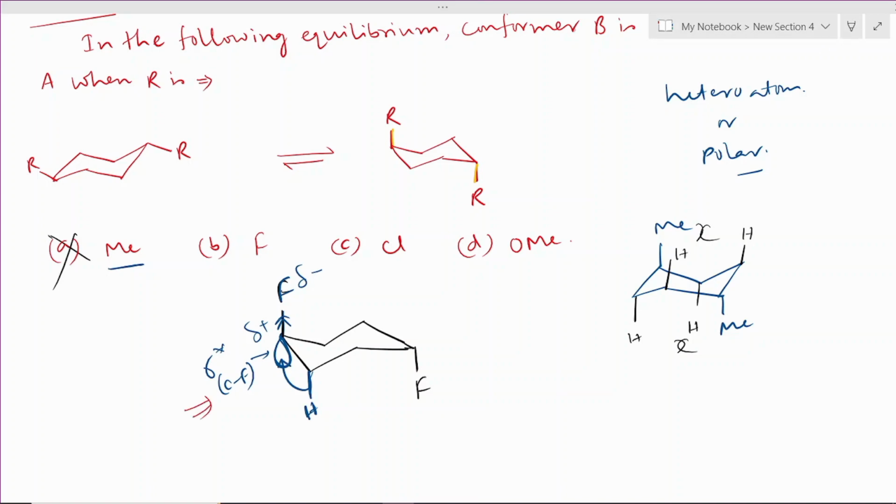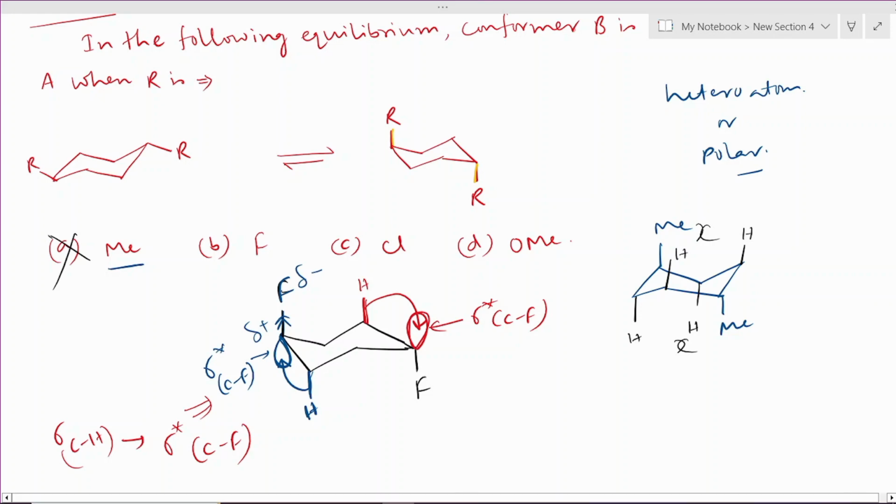So here is the interaction between sigma of C-H to sigma star of C-F. Similarly here also it is a sigma star of C-F and it is the carbon-hydrogen sigma bond, and it can meaningfully interact with the sigma star as this sigma bond and the sigma star are in parallel position. This interaction is also between sigma of C-H to sigma star of C-F.